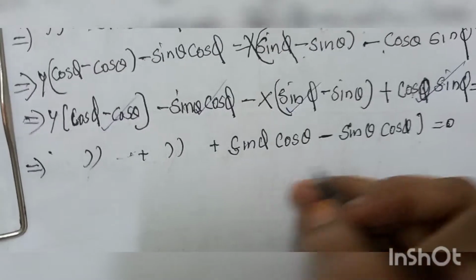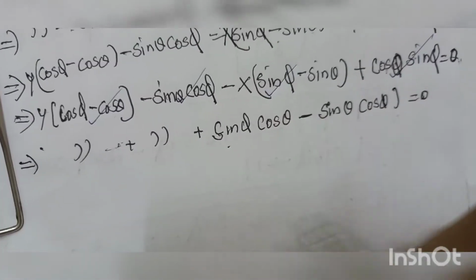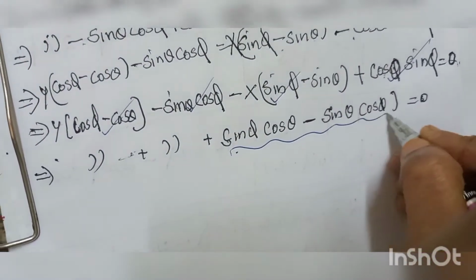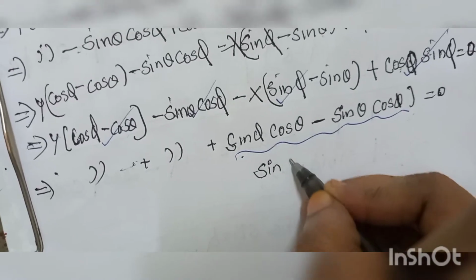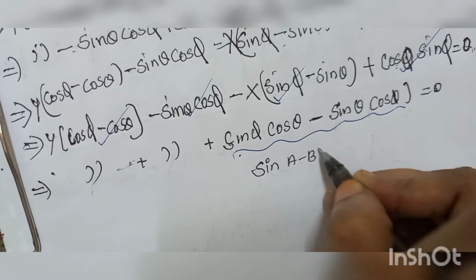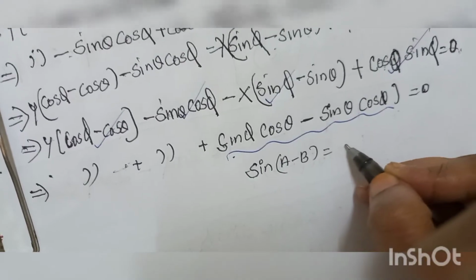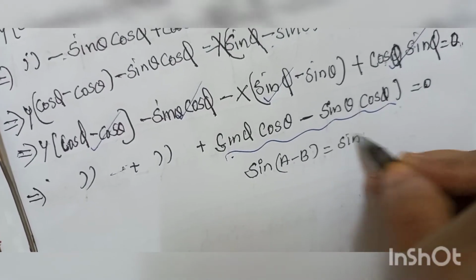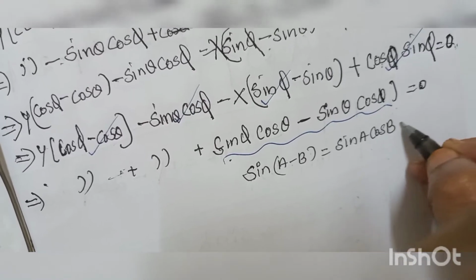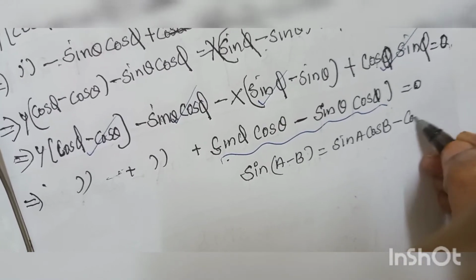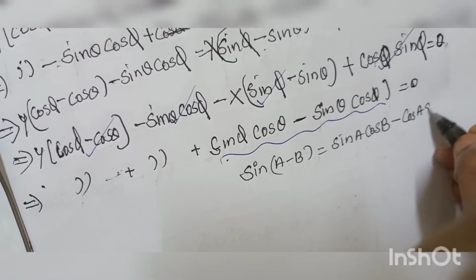Isn't it? So we already know that sin A minus B is equal to what? Sin A minus B is equal to sin A cos B minus cos A sin B.